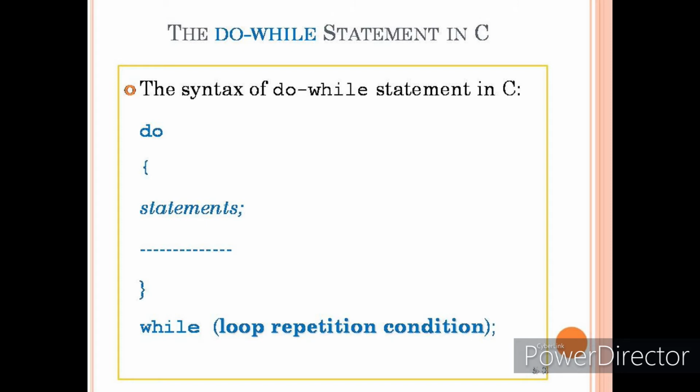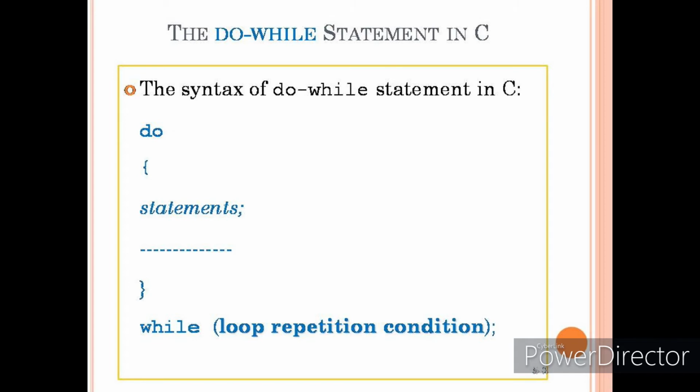Now the statements that are to be repeated should be enclosed within the braces, and while followed by the condition within the bracket, it must be terminated using a semicolon at the end.